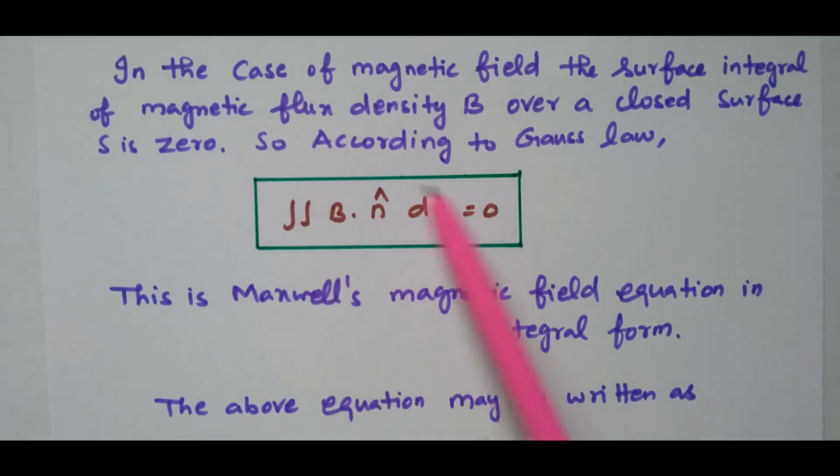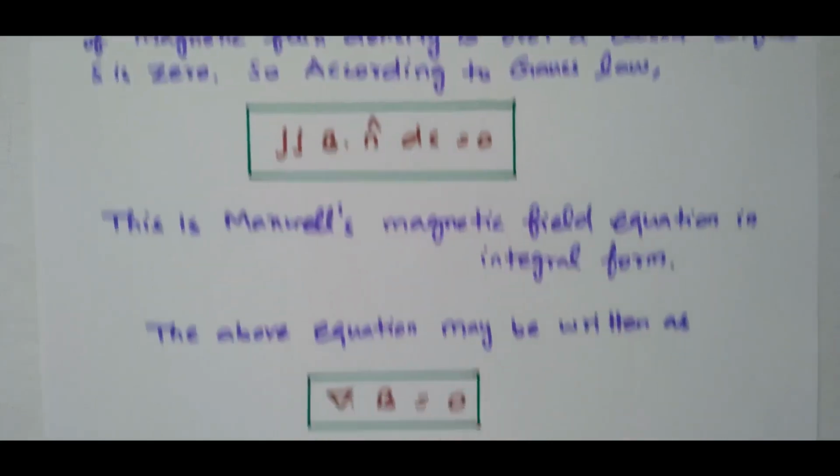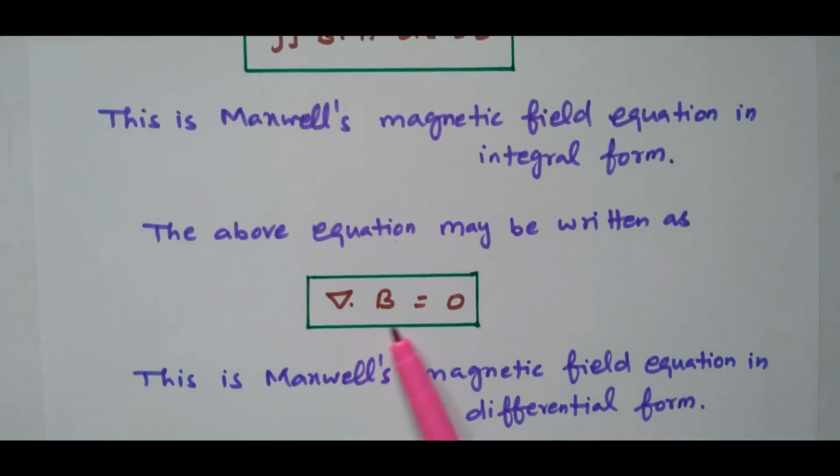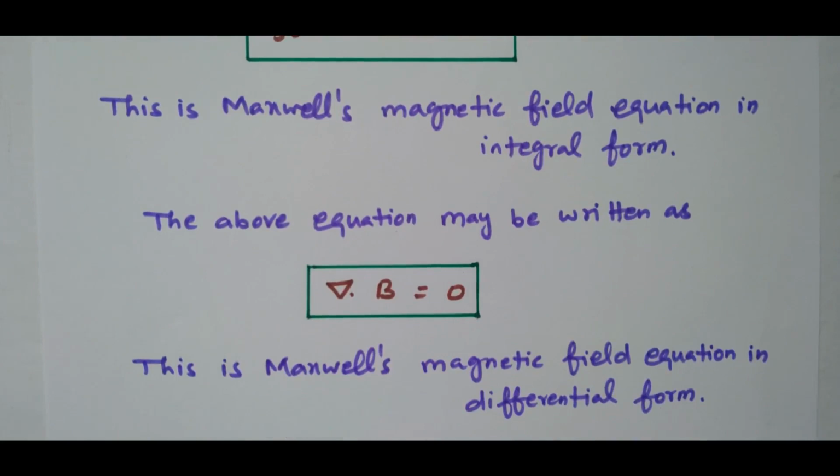So this is Maxwell's fourth equation for the magnetic field in integral form. The same equation can be written as del dot B equals 0. So this is Maxwell's fourth equation of the magnetic field in differential form. Now we have all four Maxwell's equations in both integral form and differential form.